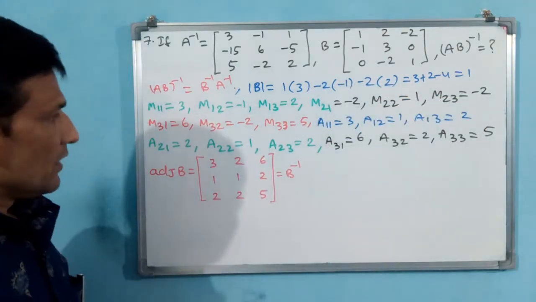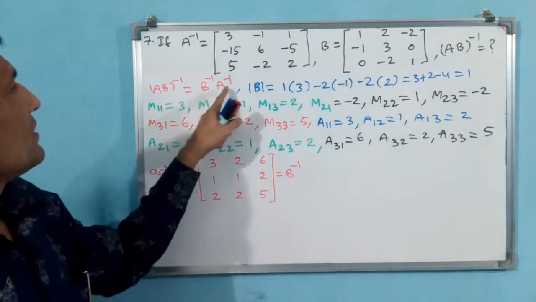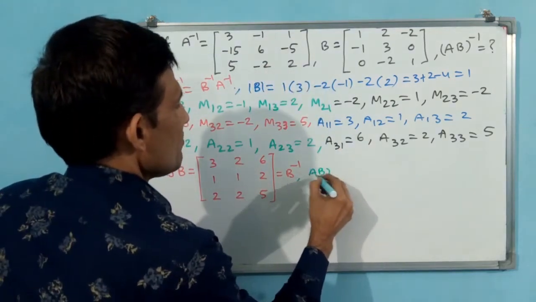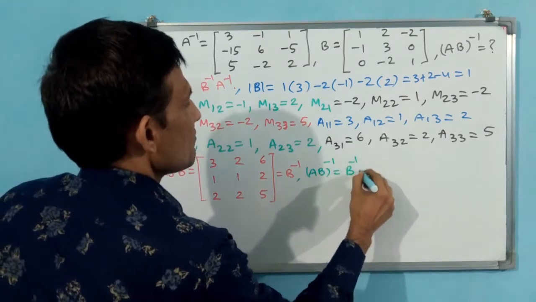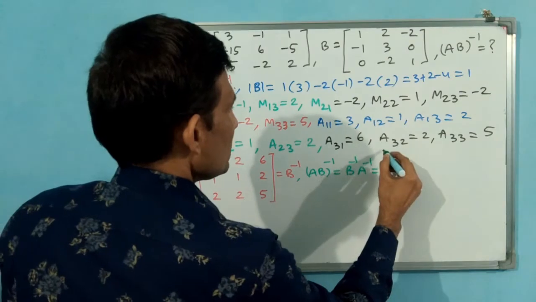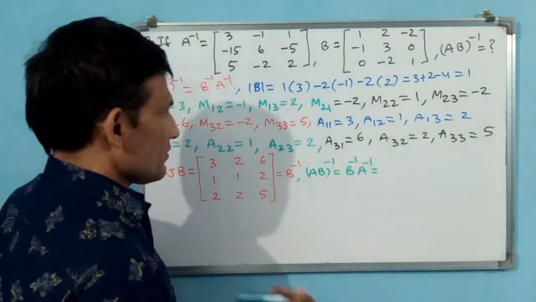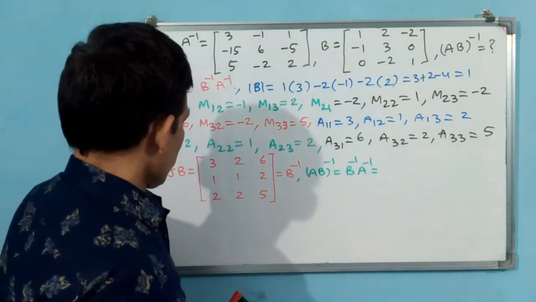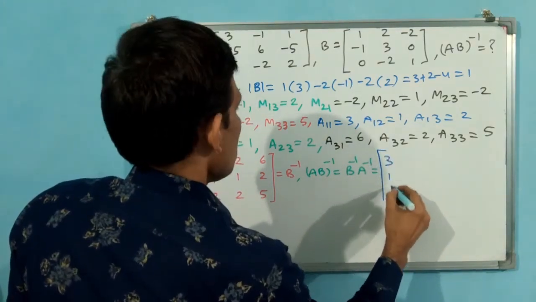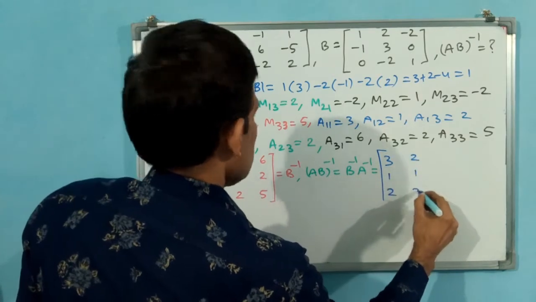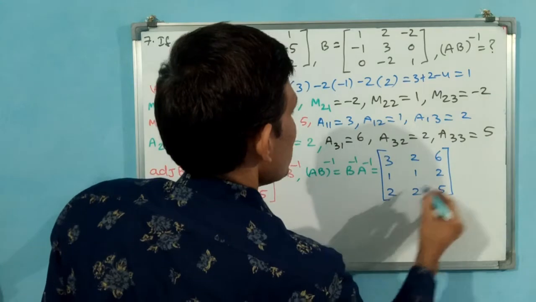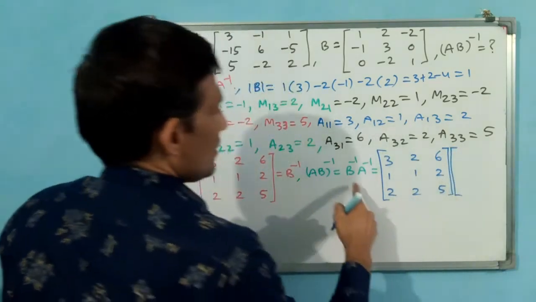Okay. Now what you have to find? You have to find B inverse into A inverse. Okay. Write down again. AB whole inverse is equal to B inverse A inverse, that is equal to B inverse you are having. You write down these two. I am writing, you see. 3 1 2, 2 1 2, 6 2 5 into A inverse.